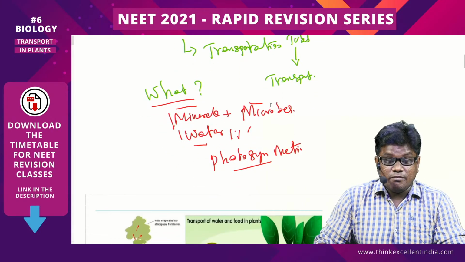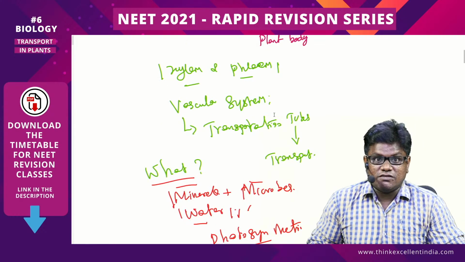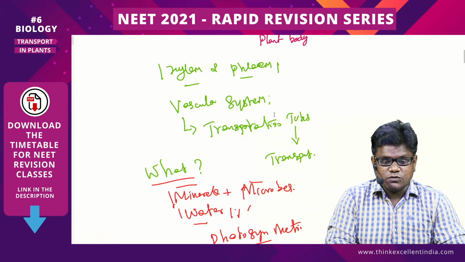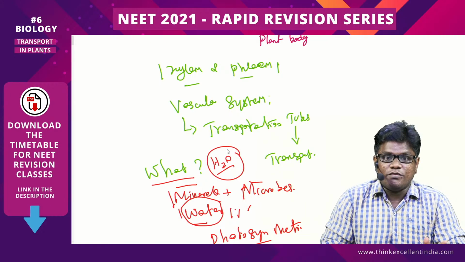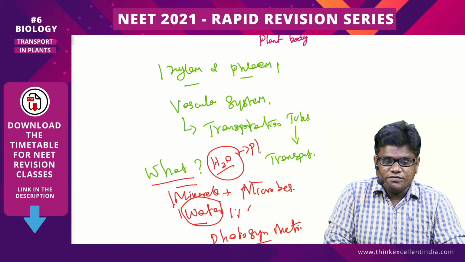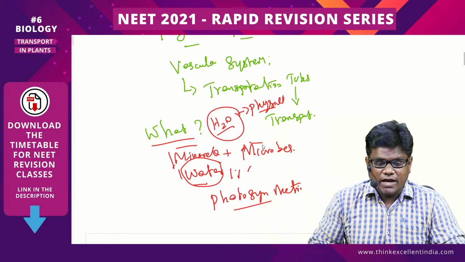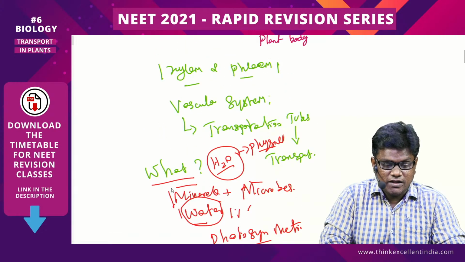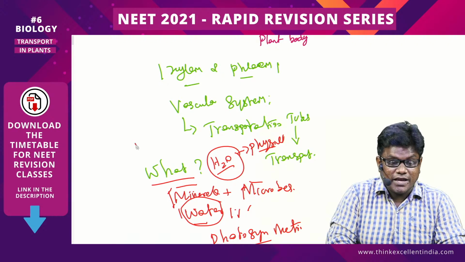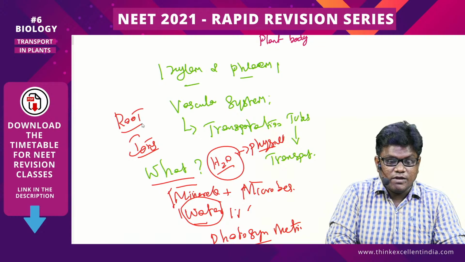The minerals help in various physiological functions in the plant system, and water does a very important job. Without H2O there is no physiological process in any living organism. Minerals are taken up in the form of ions through the root system of the plants.